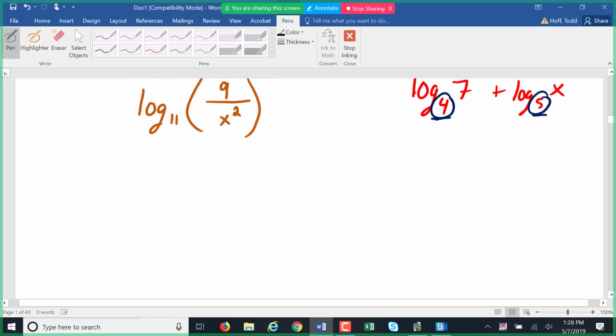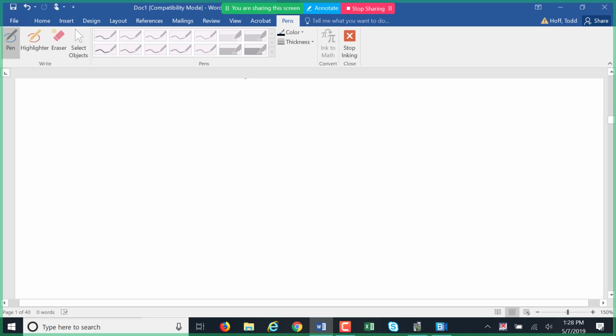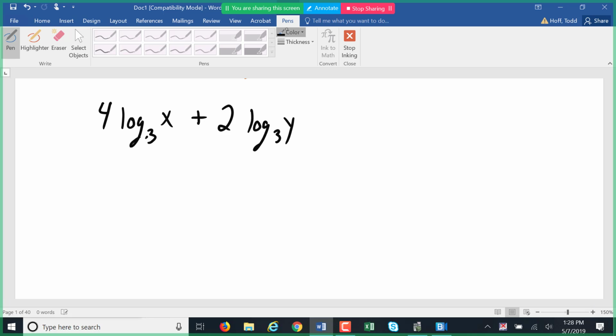In your notes, I'm going to have you combine this one for me. 4 times the log base 3 of x plus 2 times log base 3 of y. I'll give you a minute to combine those.